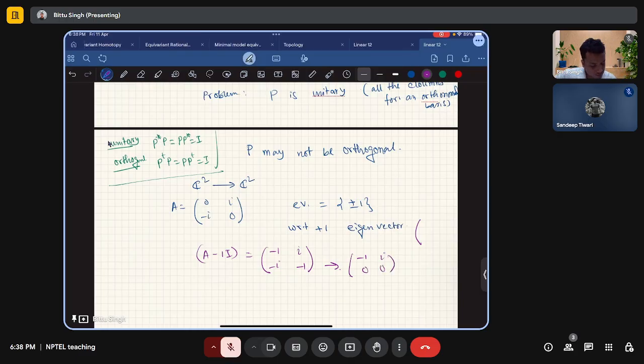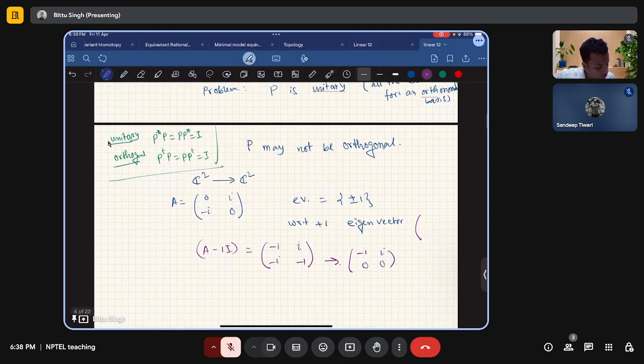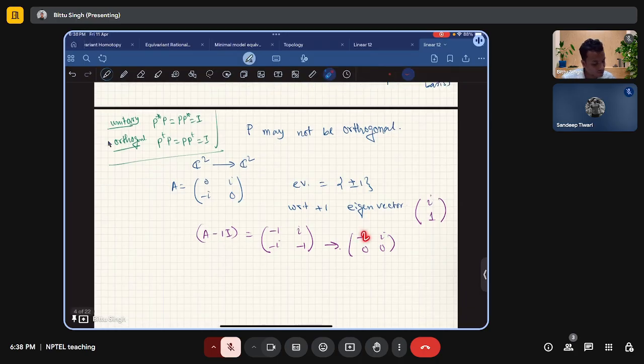If we multiply by i and subtract, the solution space is given by taking i here and 1 here. Minus 1 times i means minus i, and i times 1 means i, so they cancel. So this is the eigenvector, and with respect to minus 1, with a similar calculation, the eigenvector will be minus i comma 1.